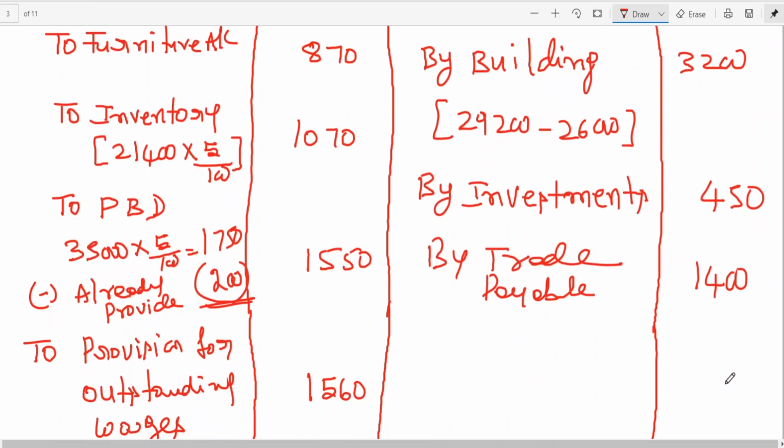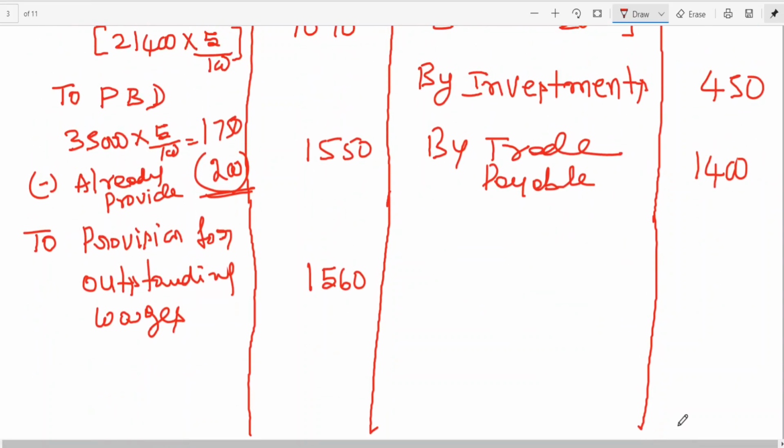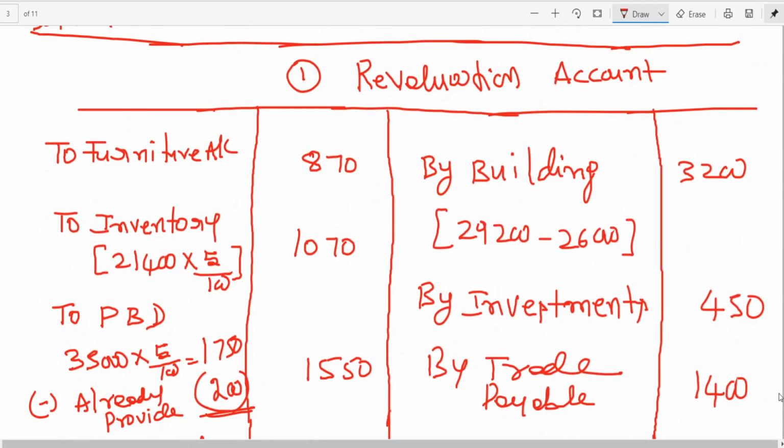I think now you can go for totaling of it. Take the calculator, you can see. You got 50-50, no?